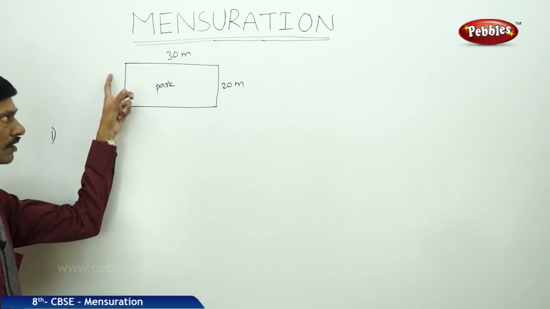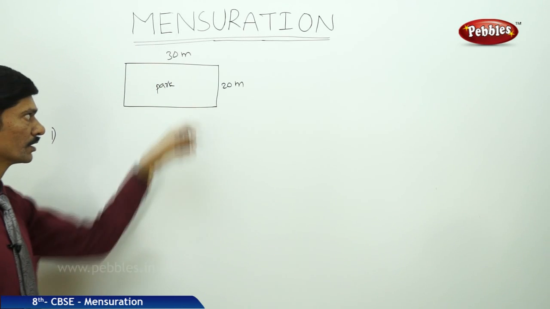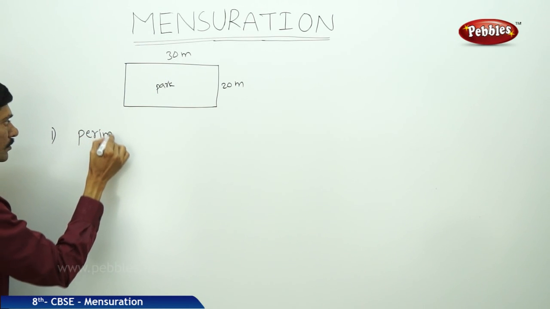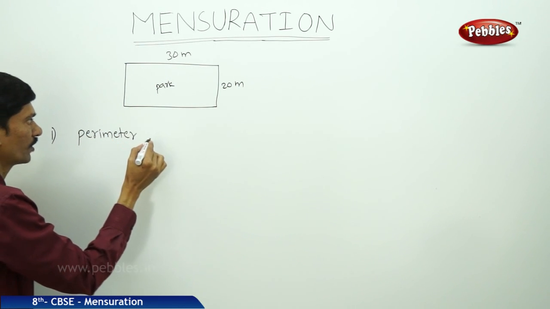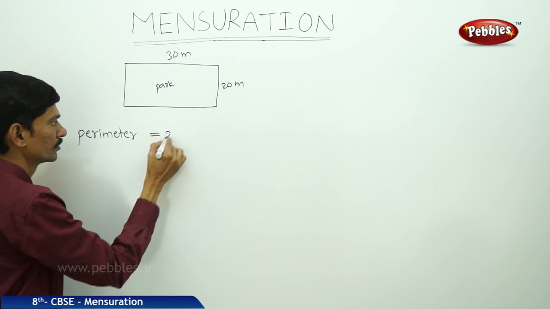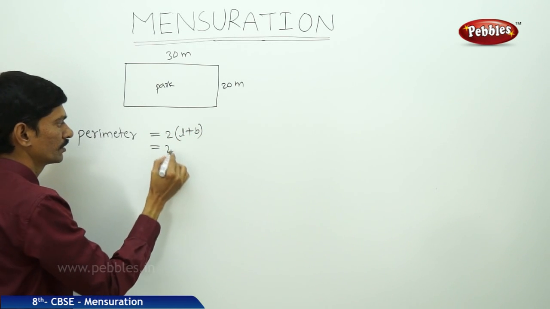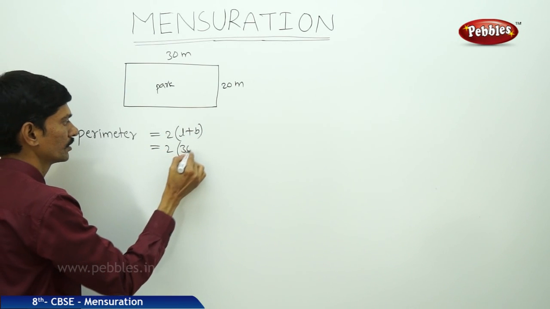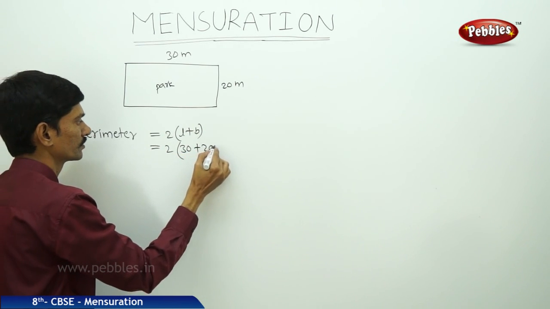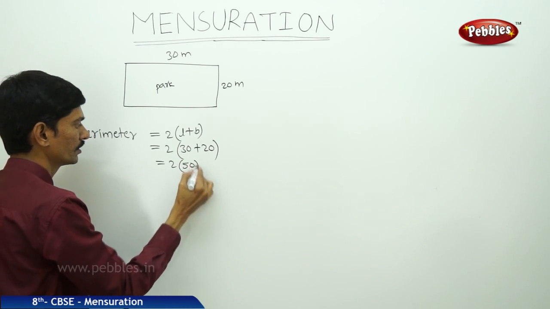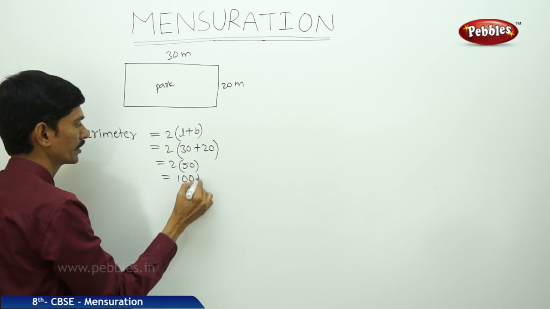To find it, we need to find the perimeter. So perimeter of this park equals 2 of L plus B, which equals 2 of 30 plus 20 meters. Then 2 of 50, so this equals 100 meters.